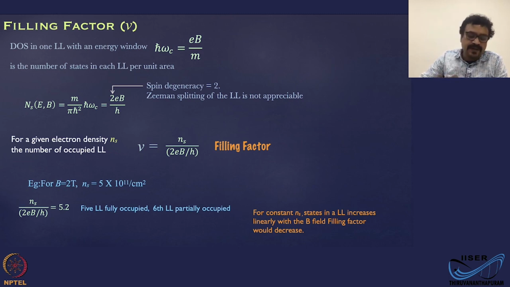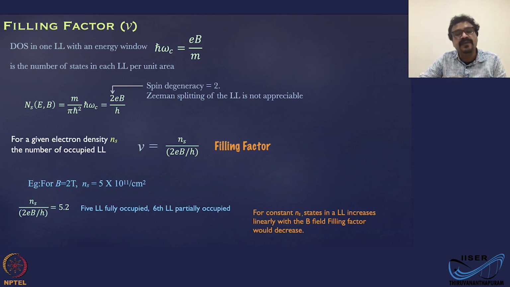So the density of states in one Landau level with an energy window eB/m is given by the density of states per unit area times the energy window. The energy window is h bar omega c, and you can replace omega c with eB/m, then you will get this number 2eB/h. And this 2 here stands for the spin degeneracy.